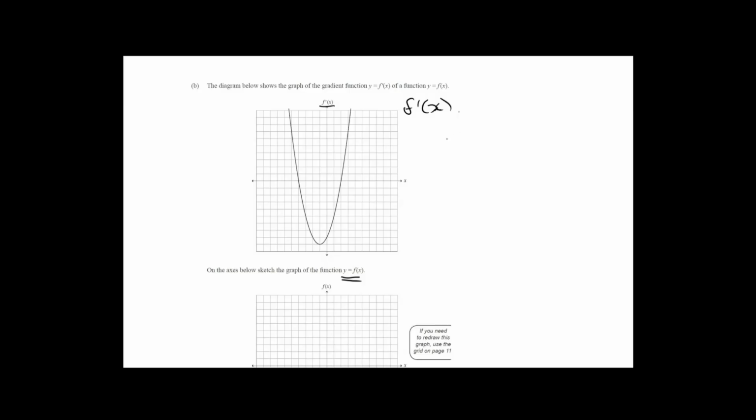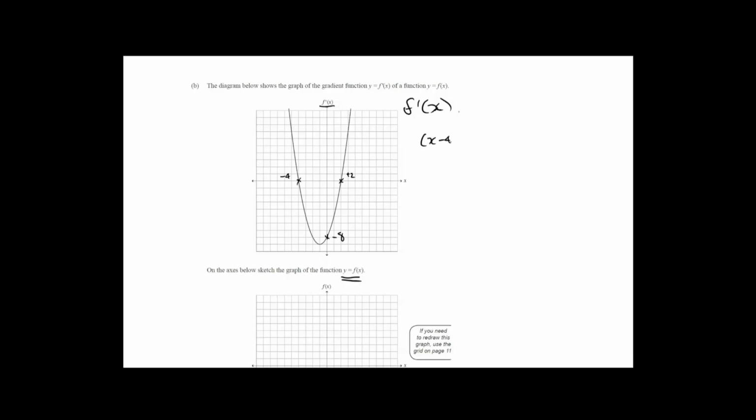So we need to integrate this. So what I'm going to do is find the equation of this, and we can see here that it crosses there at 2 and negative 8, and then at negative 4. So x is going to be minus 4, and that's going to be positive 2.